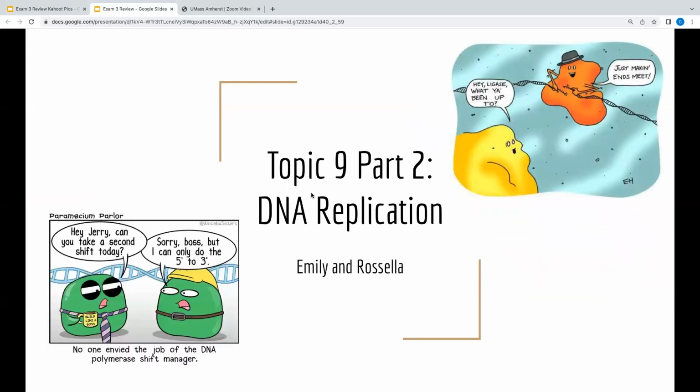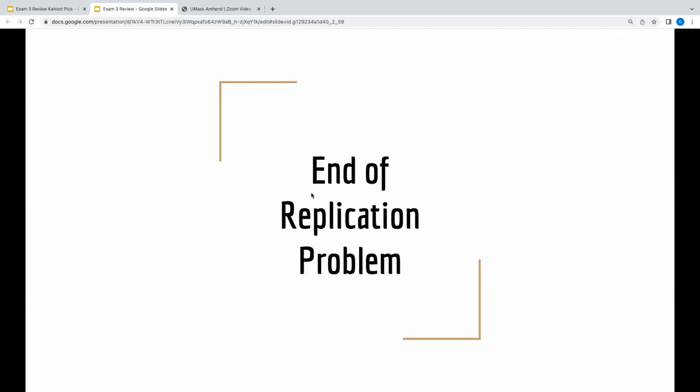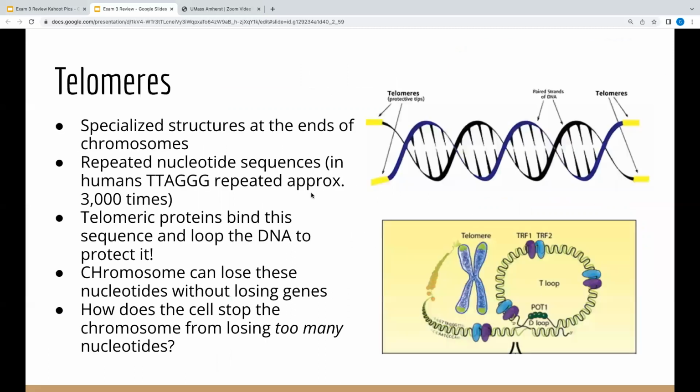And so part 2 of this is going to be DNA replication, and going into the end replication issue. At the end of each chromosome, there are sections called telomeres, which are specialized sections with repeated nucleotide sequences.